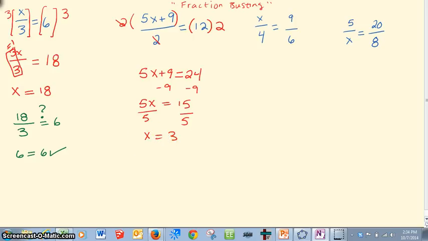I need to verify in the original equation, not one of my changed equations down here, not this one or this one or this one. I need to take my result, x equals 3, and test it in the original equation.